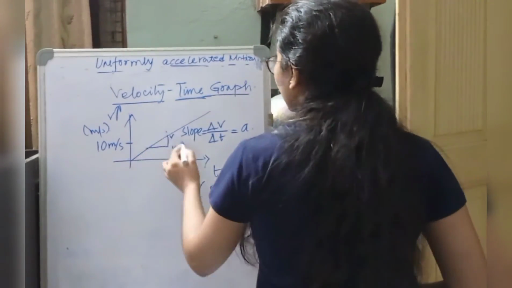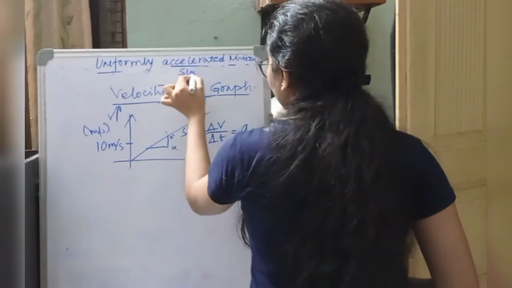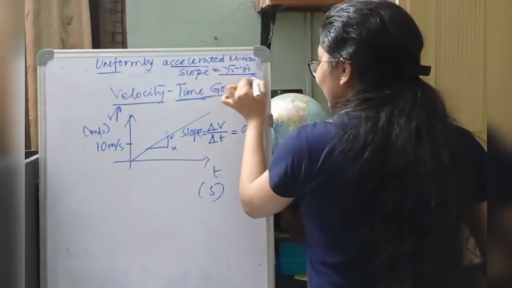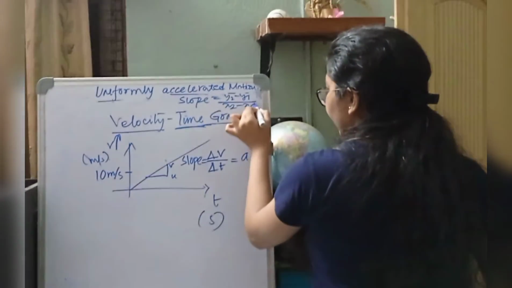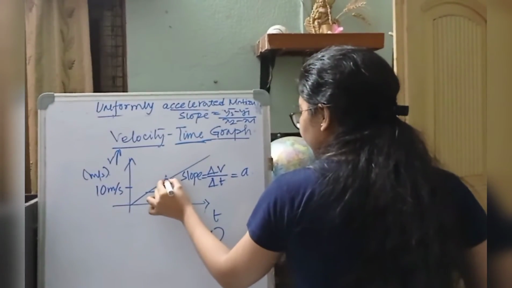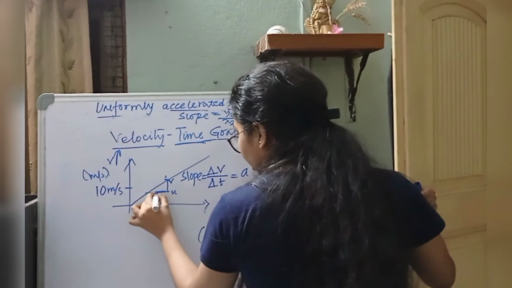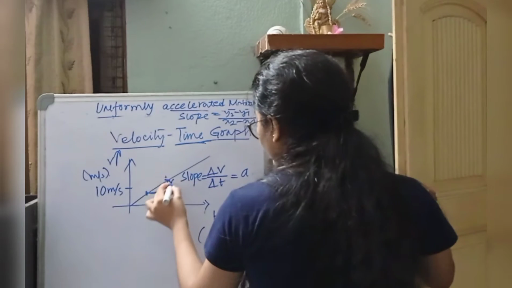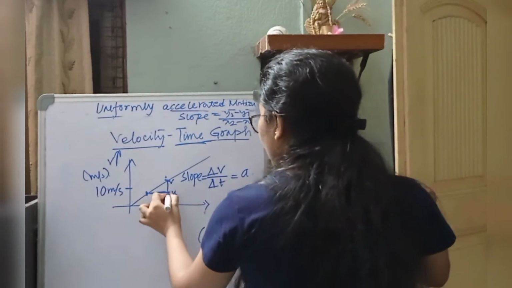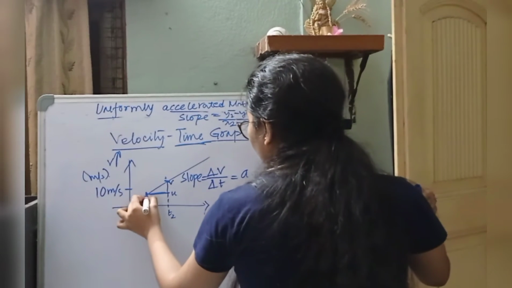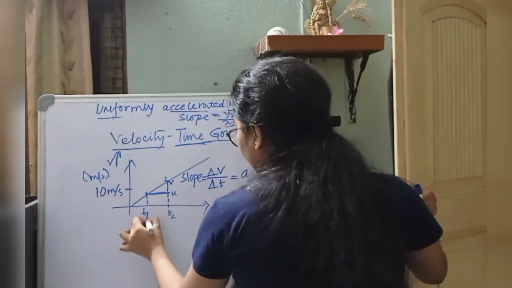Slope is nothing but y2 minus y1 by x2 minus x1. So this y2 value, the final value, minus the initial value, suppose this value is u, so v minus u. Now x2 value is, suppose, this time period t2, and x1 value is t1.